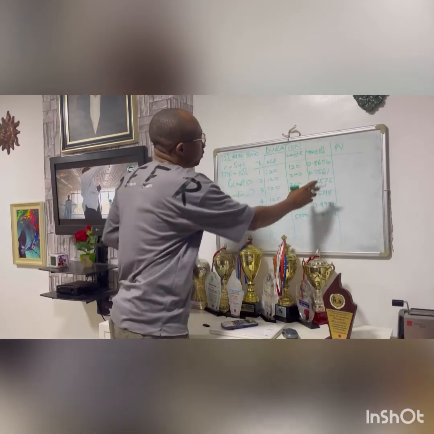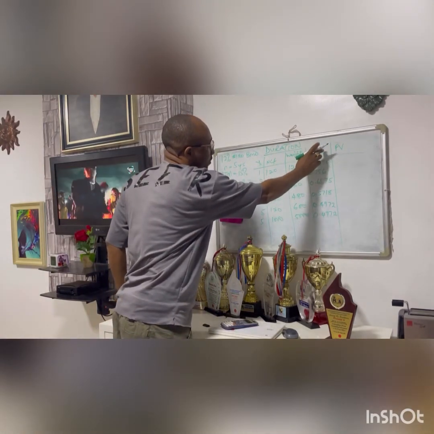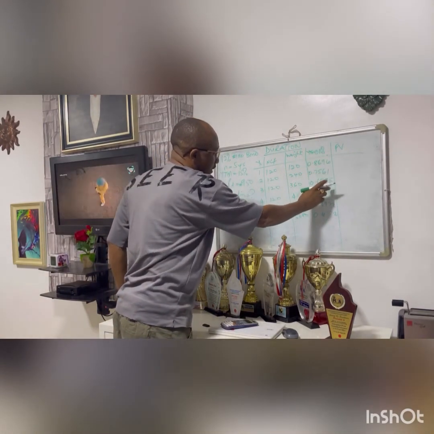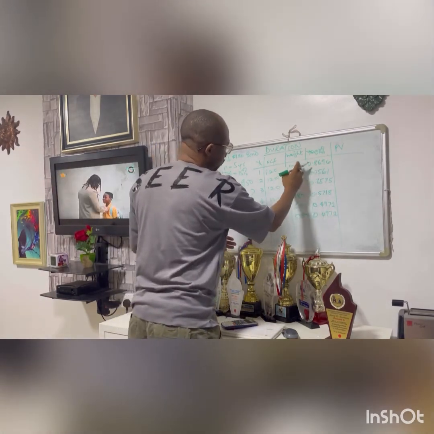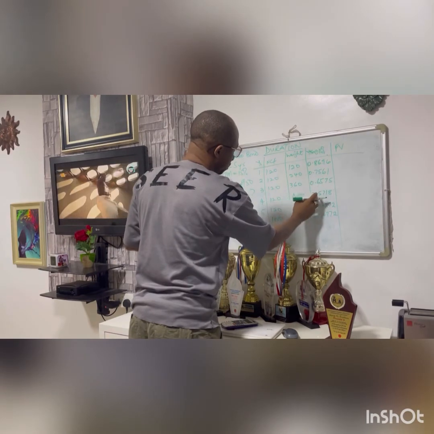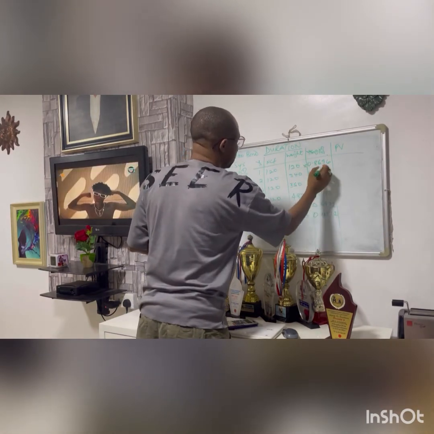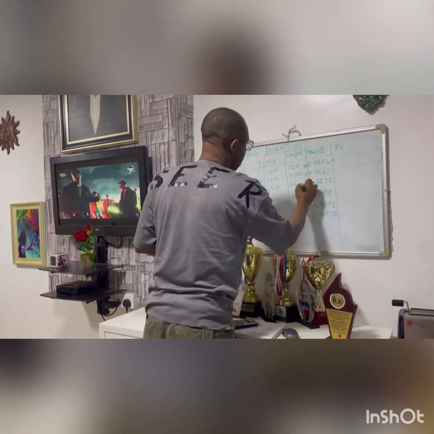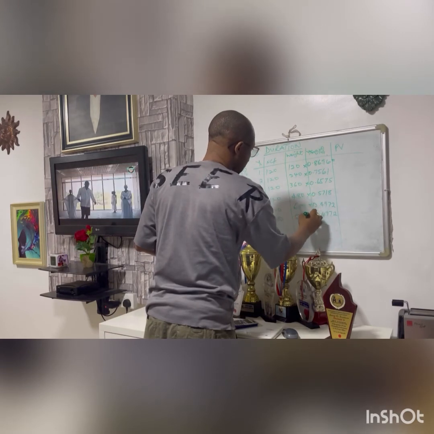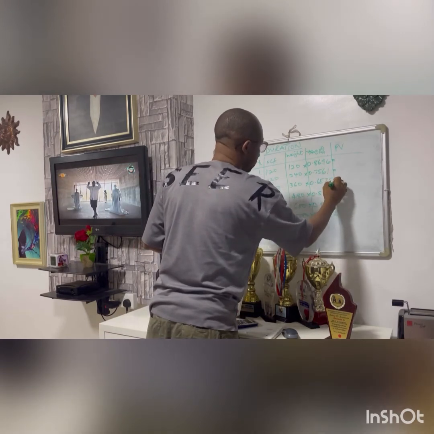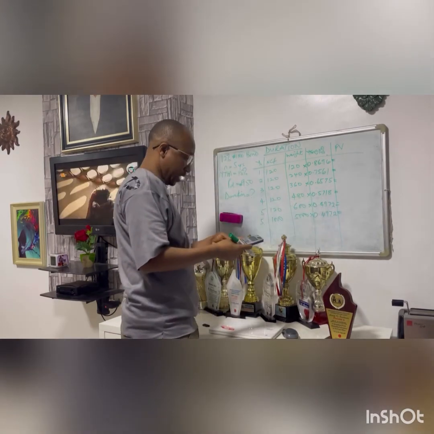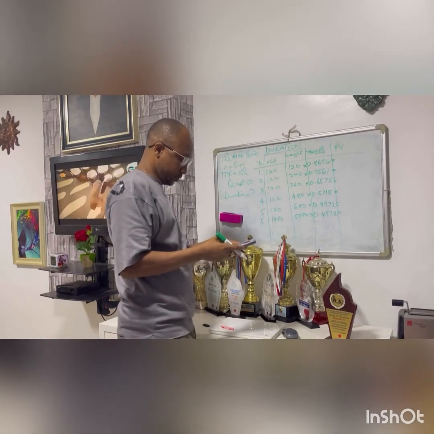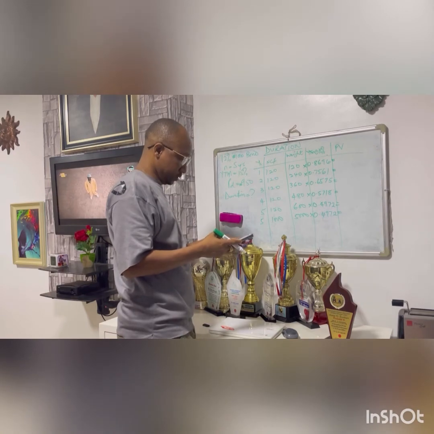I have now used my calculator to determine the discount factor at 15%. So what I'm going to do next is to multiply these two columns. So I have 120 multiplied by 0.8696.